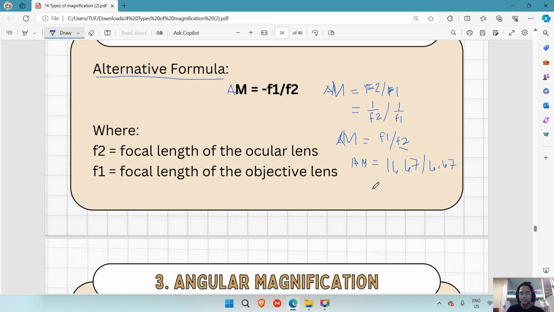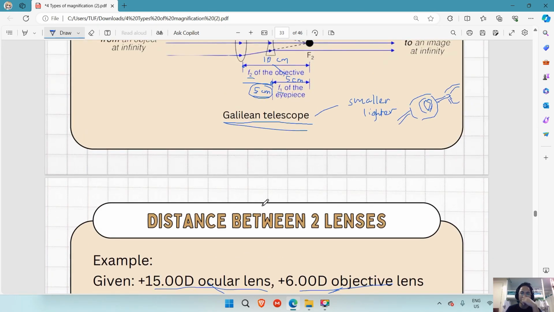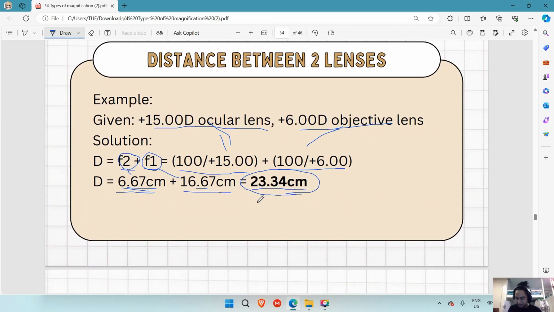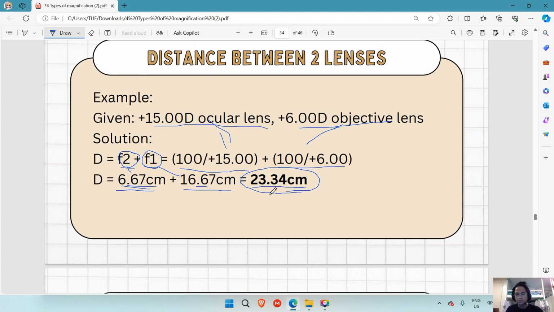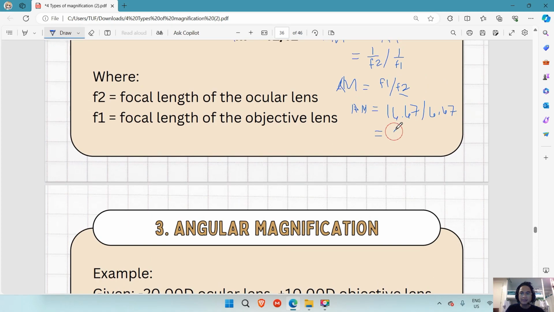So what does this equate to? 16.67 divided by 6.67 is equal to 2.5 times.